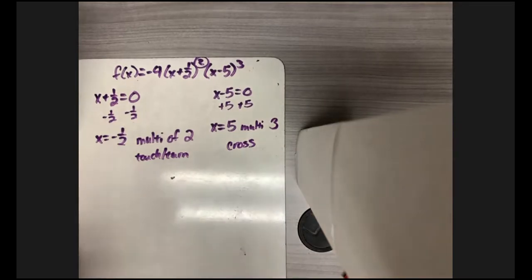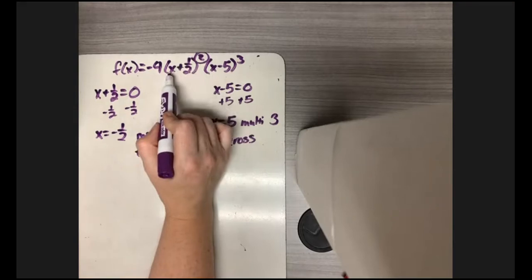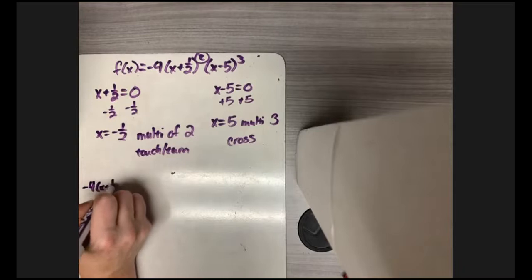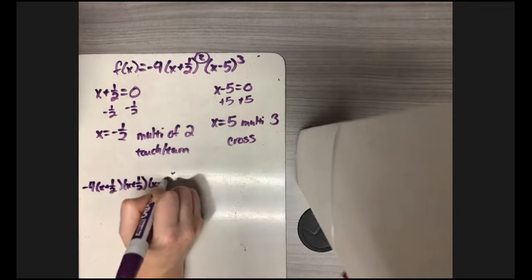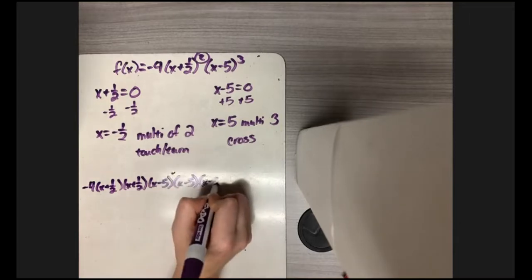Now, if we were going to start to try and play graph pieces with this, or find graph ideas, we're going to start with end behavior because we always start with end behavior, okay? Here's what we would have. If I took all out, so if I had negative 4, x plus a half, x plus a half, x minus 5, x minus 5, x minus 5.